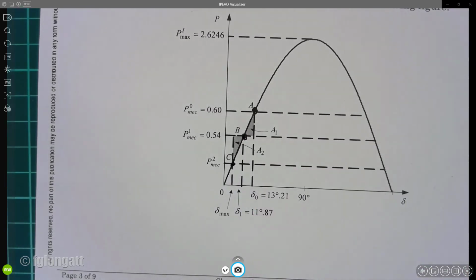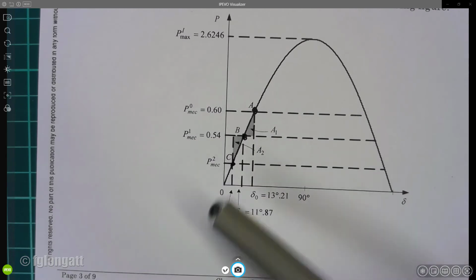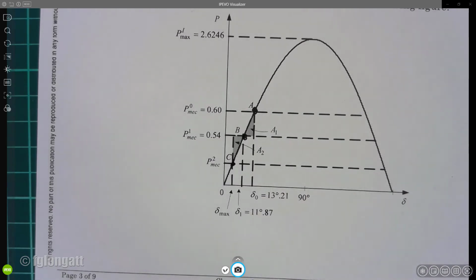The point C is the minimum oscillation that this machine can reach in this case. And there, I don't know if you realize, but between B and C, mechanical power is bigger than the electrical power, okay? In that region over here, the area 2, the machine will say, okay, mechanical power is bigger than electrical.